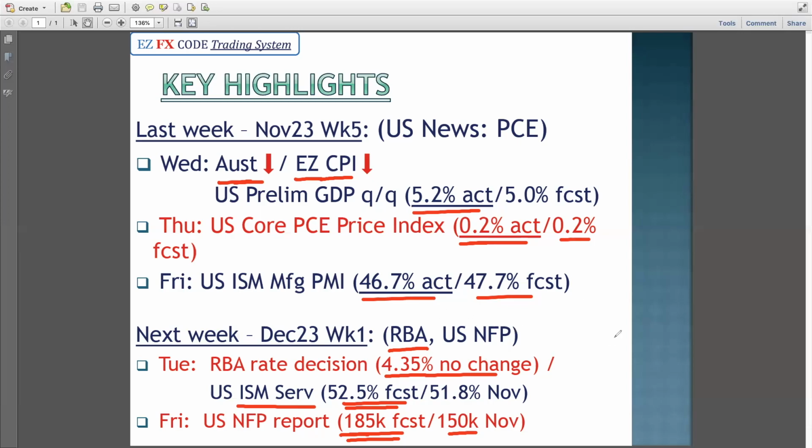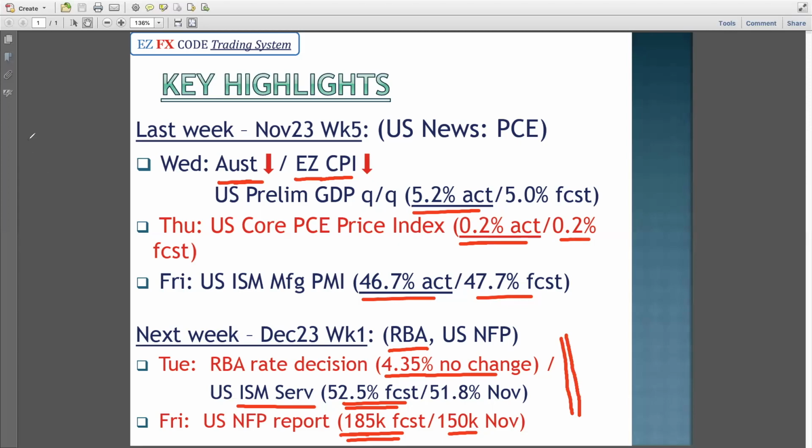Right, so this week we'll see how the US dollar responds, because it did dip and managed to recover. So we'll take a look at that on the DXY. Right, so a critical week coming up, a couple of weeks before the Fed's meeting in the middle of the month, starting off with the RBA.